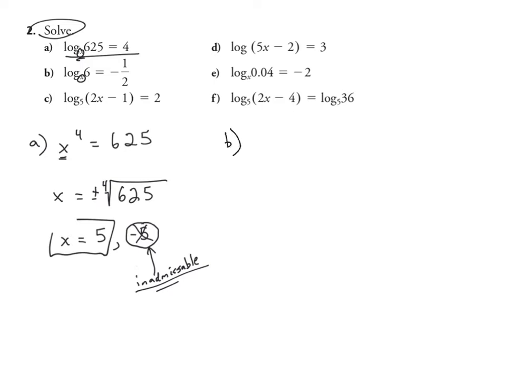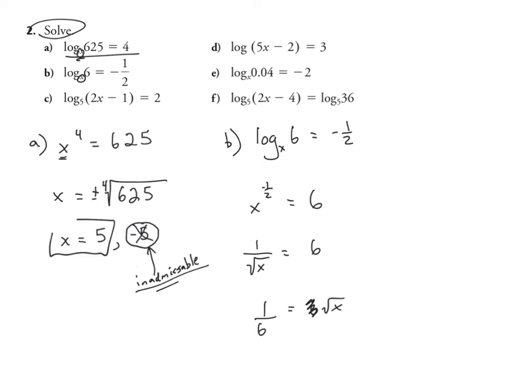Part B. So we're going to say the log, again, base x, of 6 equals negative 1/2. So let's change that into an exponential. So x to the power of negative 1/2 has to equal 6, which means 1 over the square root of x equals 6. So multiply both sides by the square root of x, and we've got 6 root x equals 1, and divide by 6.